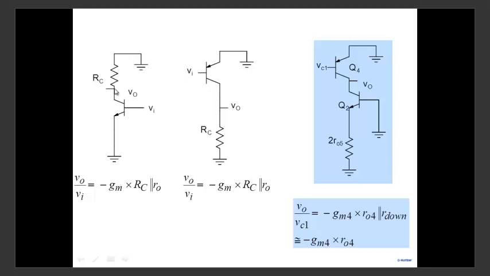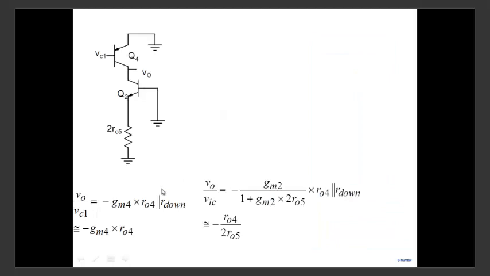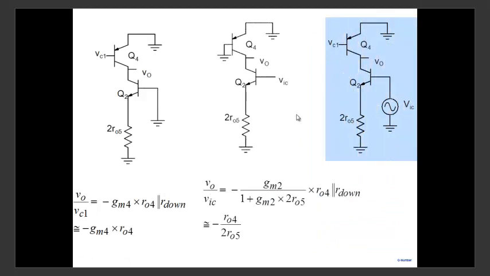You have to look at resistance looking up and resistance looking down. In this case, resistance looking up is R04. Resistance looking down, I put R down, which is very large. So I've neglected R down and written only R04. So we end up getting V0 by VIC is R04 by 2R05.